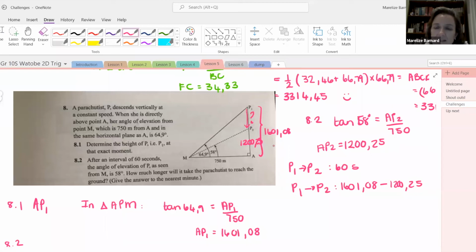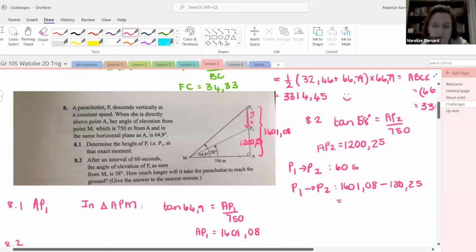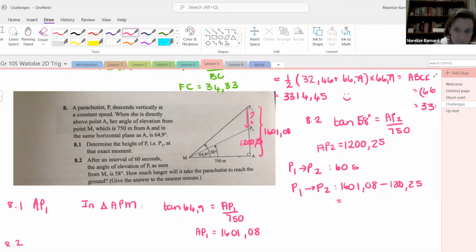That tells us how far she's traveled. Okay, and that is 400.83 meters. That's right. And it took her 60 seconds.